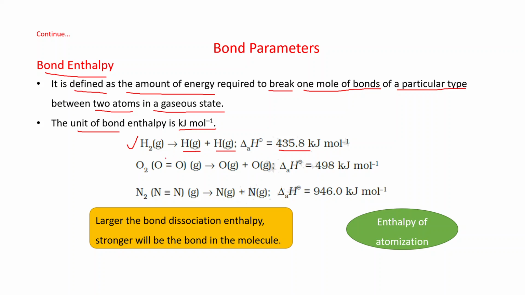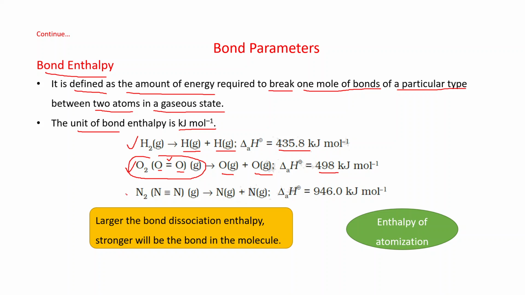Another example is O2. In O2, two oxygen atoms are joined by a double bond. The heat we supply to dissociate this O2 gas molecule into oxygen atoms in the gaseous state is known as the bond enthalpy of the O=O bond in the O2 molecule.